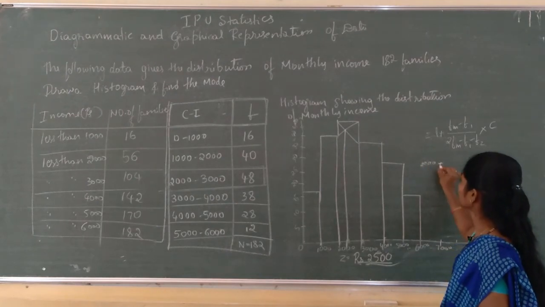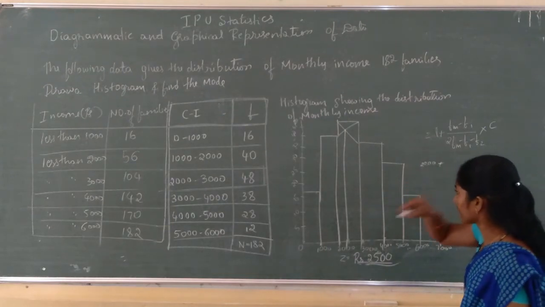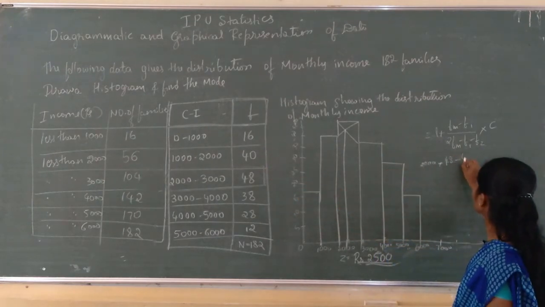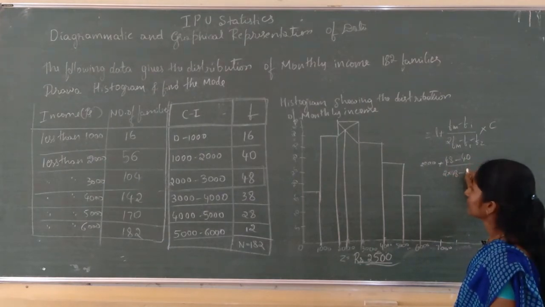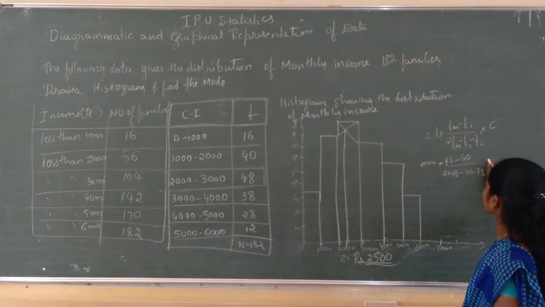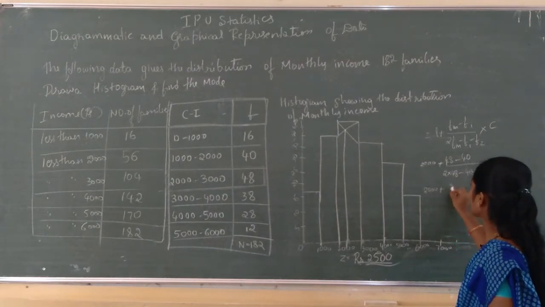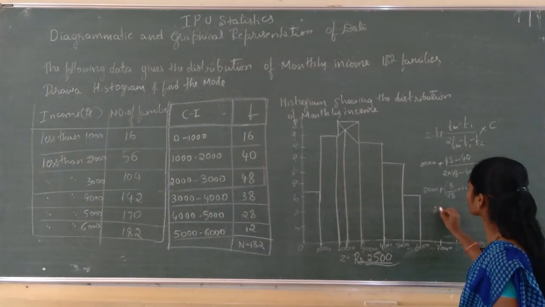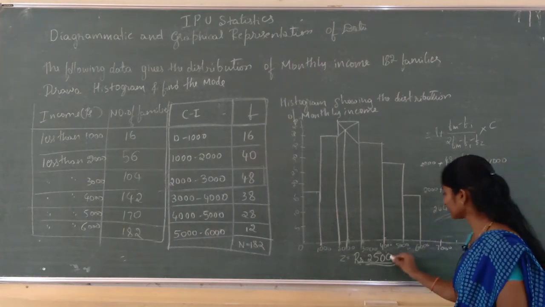L is equal to 2000 plus, Fm is 48, minus F1, the previous value 40, divided by 2 into 48 minus 40 minus 38, into C, which is 1000. Here 2000 plus 8 divided by 18 into 1000. After calculation you will get 2444.444, this much. Now like this way.